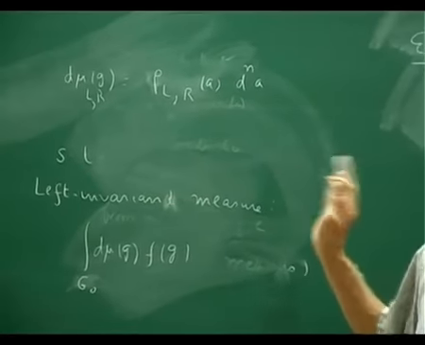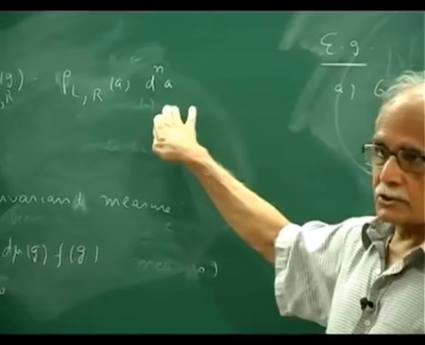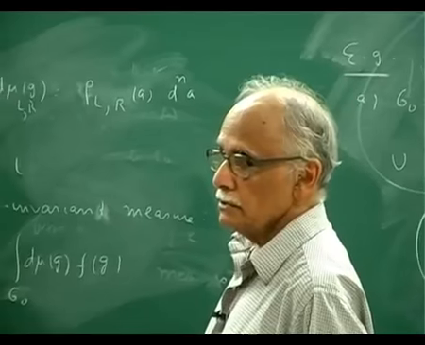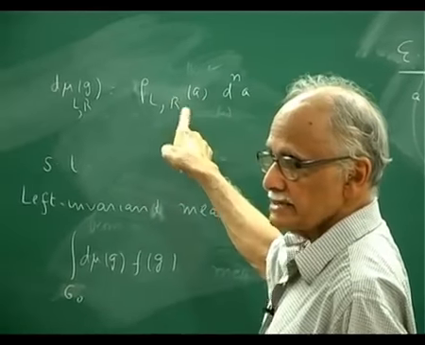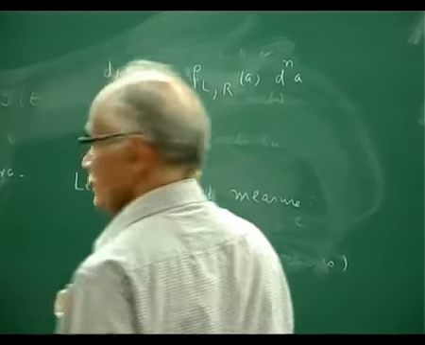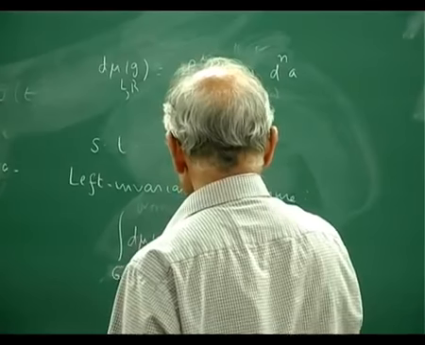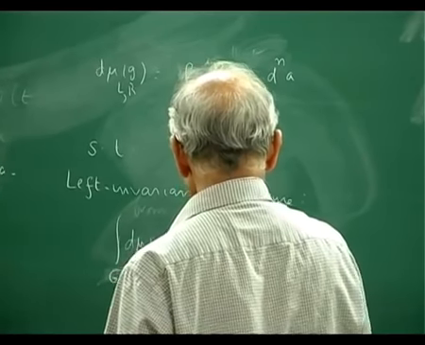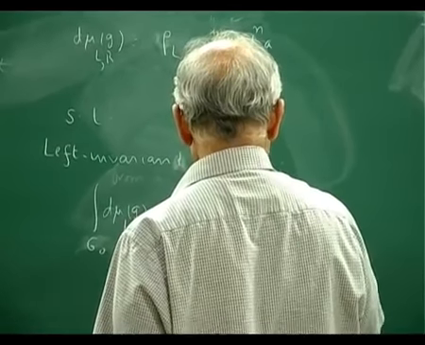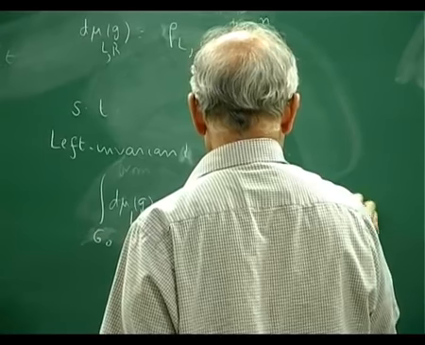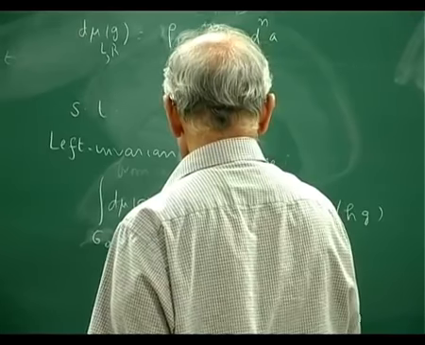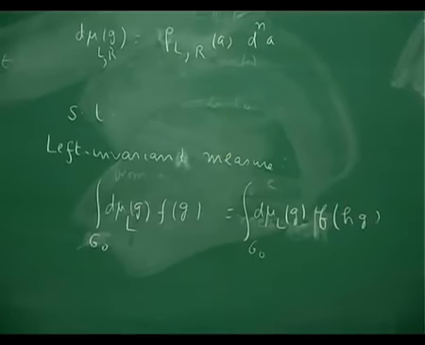I will make more remarks on how to write them nicely. Rho L is a Jacobian factor. I will give you the Jacobian factor. So left invariant means the integral of d mu L of g f of g is equal to the integral of d mu L of g times f of h g for all h.